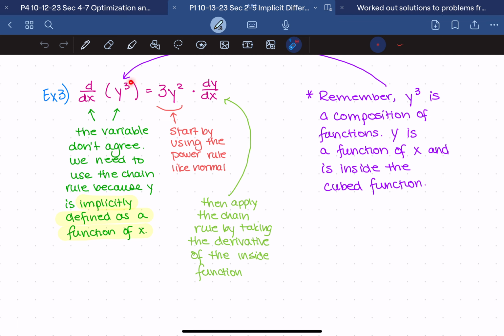So how do we do that? First, just differentiate like normal. We use the power rule like normal. But then we have this inside function of y, so we multiply by its derivative, dy dx. And that's it. Whenever the variables don't agree like this, start off by differentiating like normal, but then multiply by dy dx, because of the chain rule.